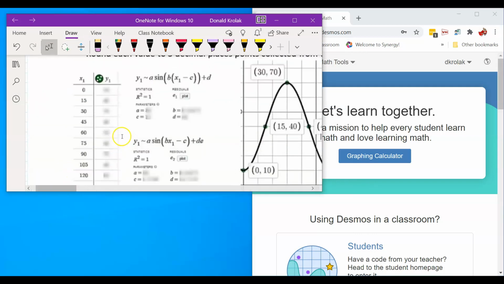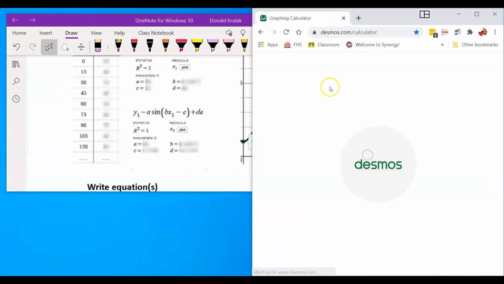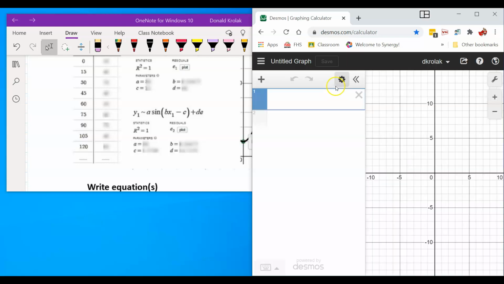Okay, we're going to take the information from our table and put it into a Desmos table. So I click Add Table.